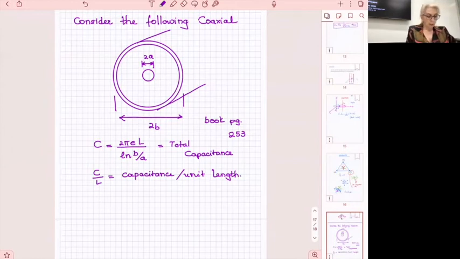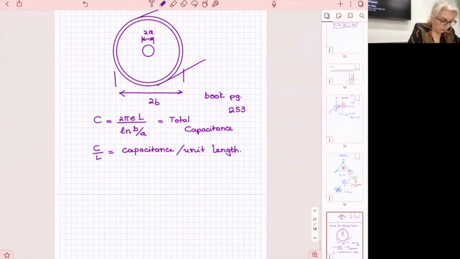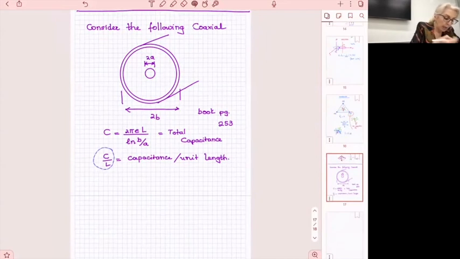So if I ask, for example, for total capacitance, I will have to give you all of these dimensions. But if I ask for capacitance per unit length, that means that you don't need to know L. All right, so you find it from that.